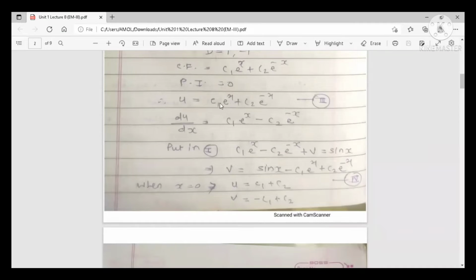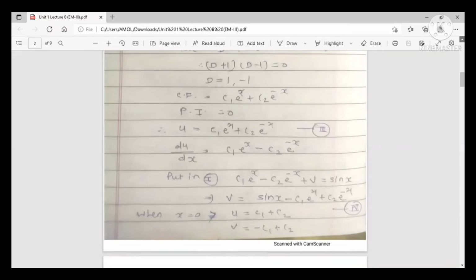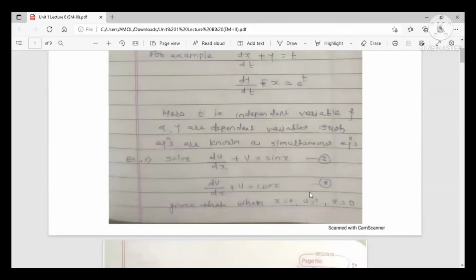When x is 0, e raised to 0 is 1, e raised to 0 is 1.